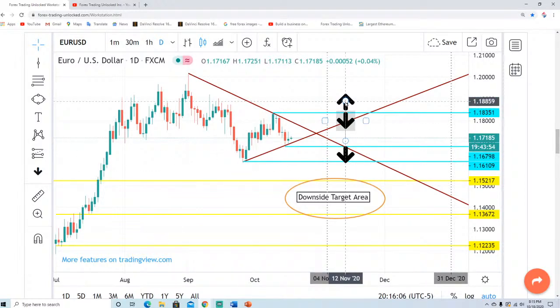Any breach of this level confirms a bullish breakout that will probably have us making at least an attempt at getting up to this 1.20 area. Whether or not we pierce that and make higher move highs will remain to be seen. But this is definitely an area where I would not want to be short anymore.